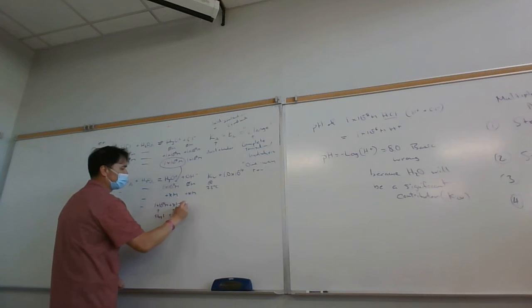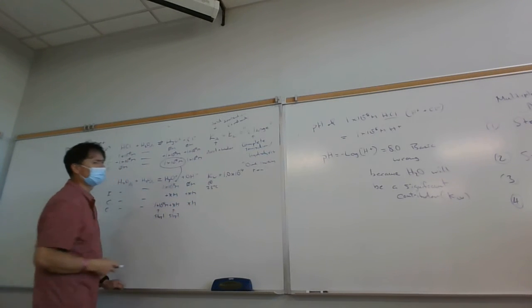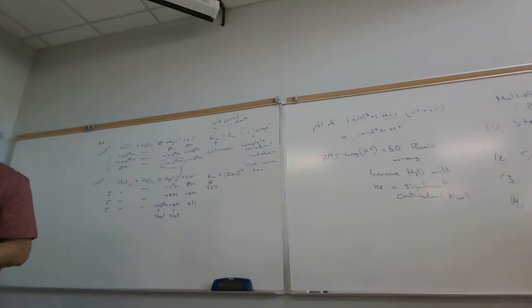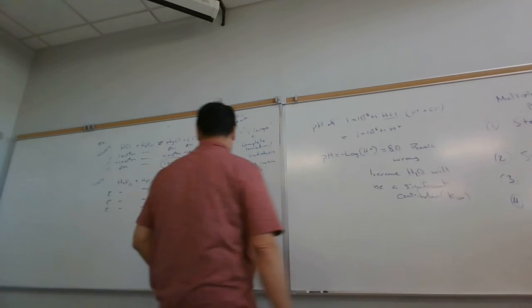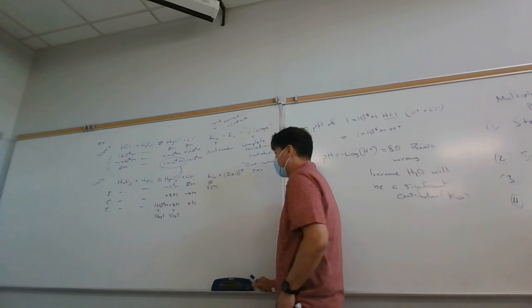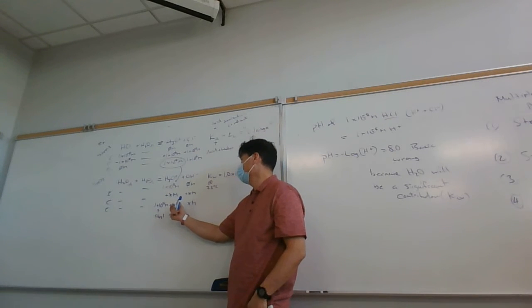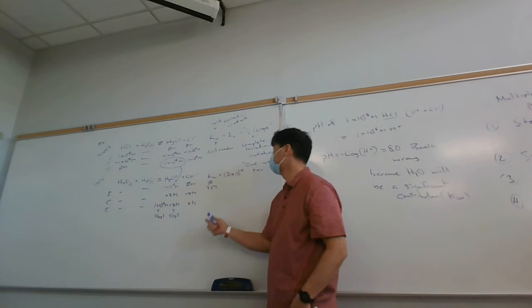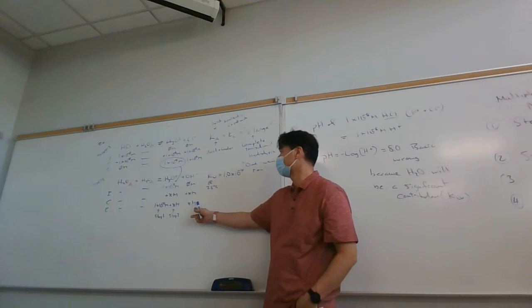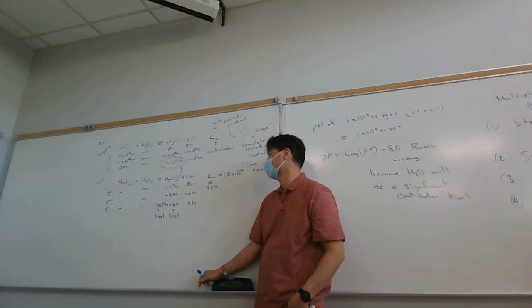Okay, and then the hydroxide. If you think this is an acid solution, why should we have hydroxide? Well, we're going to have hydroxide in any solution, whether it's acidic, basic, or neutral. There's always hydroxide present because you can't stop the waters from colliding. So how do we define what an acid is and what a base is? The way we define it is if the hydronium concentration is greater than the hydroxide concentration, then it's an acid.